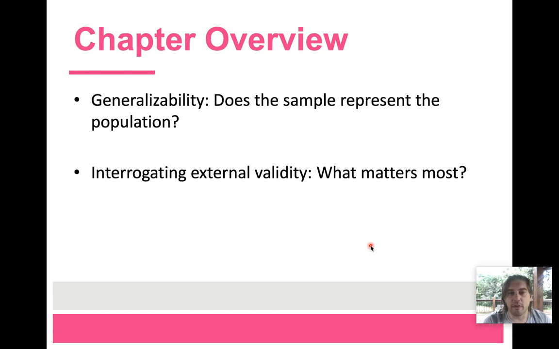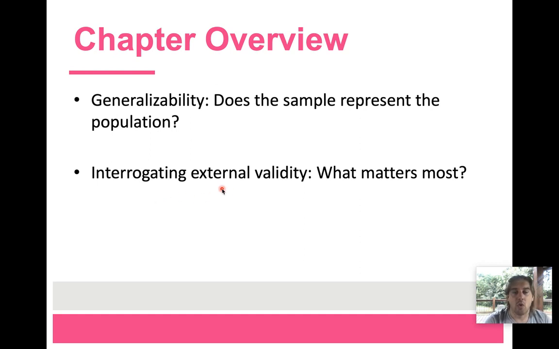As we discussed previously, this has to do with the idea of external validity, meaning to whom do your findings apply? And it's pretty self-evident that the people that you use for your experiment has implications for making conclusions about to whom the experimental findings might apply. And that's interrogating external validity.